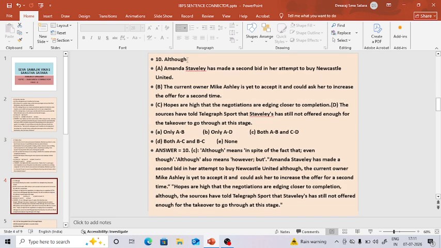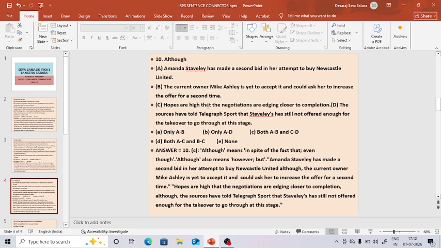Next connector is "although". Amanda Staveley has made a second bid in her attempt to buy Newcastle United. The current owner, Mike Ashley, is yet to accept it and could ask her to increase the offer for a second time.